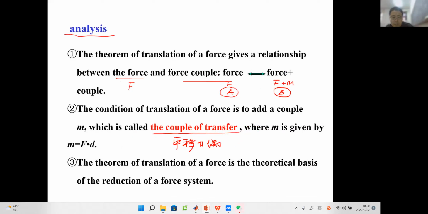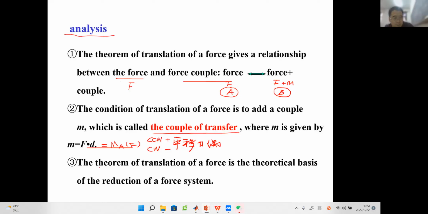We just try to keep this F plus M having the same effect on the body as the original force. M is given by F times D, actually equal to M_A(F). Once again, you should pay attention to its direction. If it is counterclockwise, it will be plus. If clockwise, it will be minus, right?